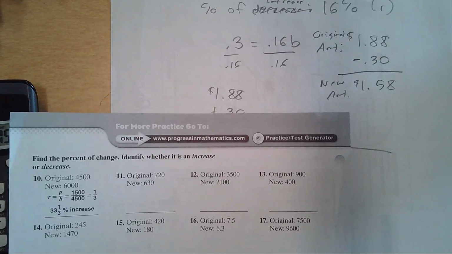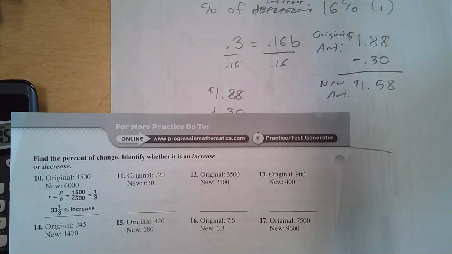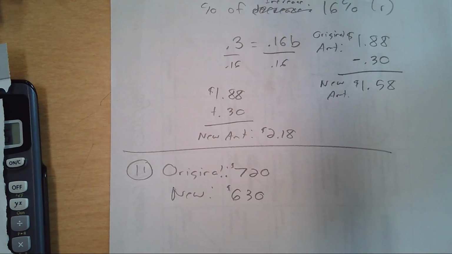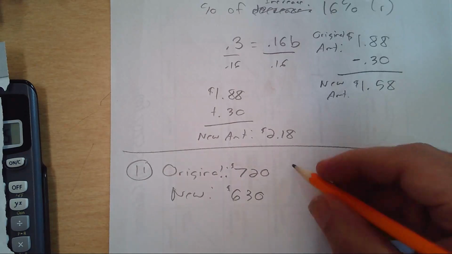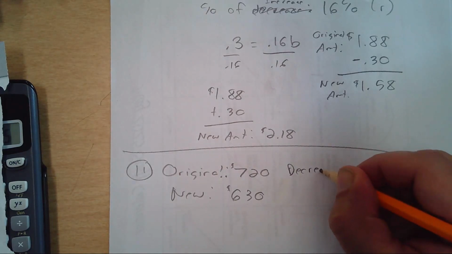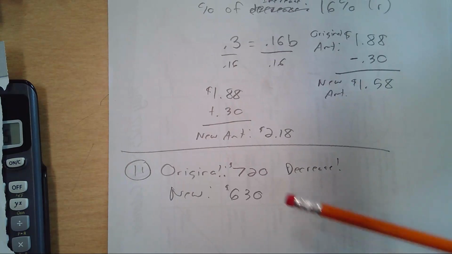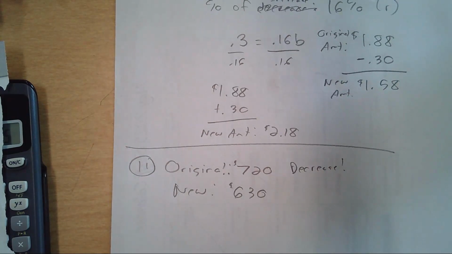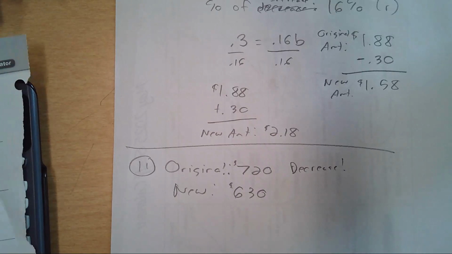So it says identify whether this is an increase or decrease. What do you think it is? That's right, Cord. Very good. So if it once was $720 and now it's $630, it has decreased in price.